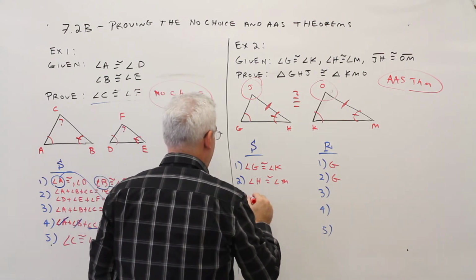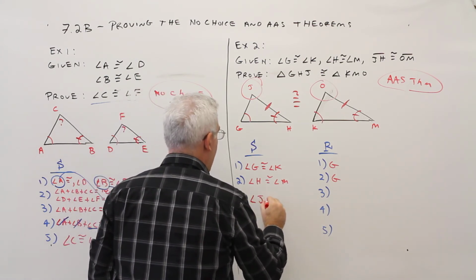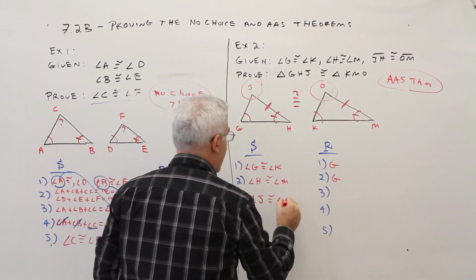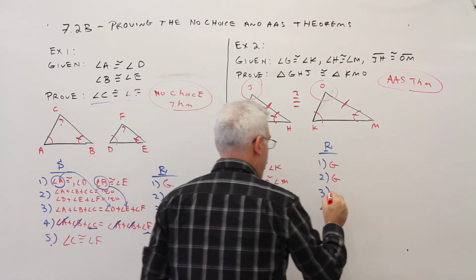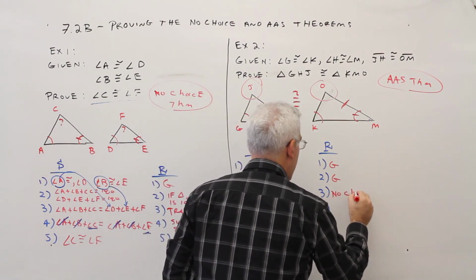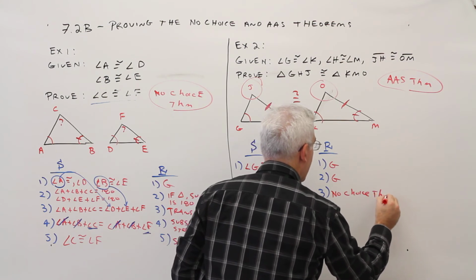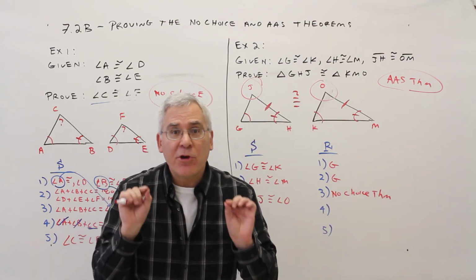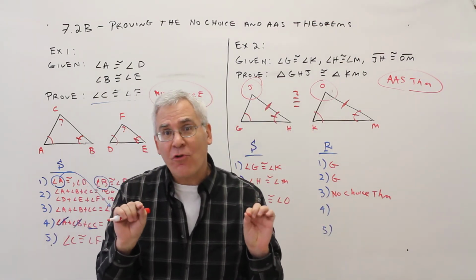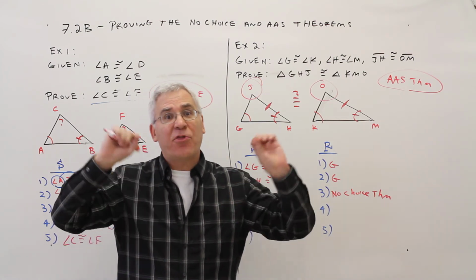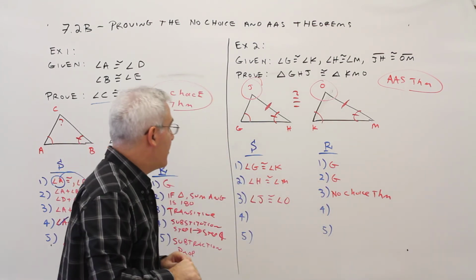So I can now say angle J is congruent to angle O by the no choice theorem. Note, the no choice theorem does not get triangles congruent, it gets the third pair of angles congruent.